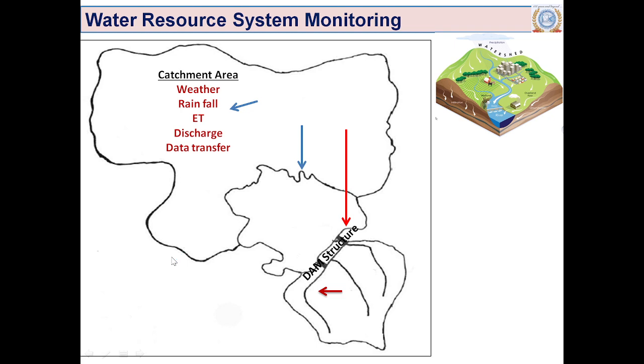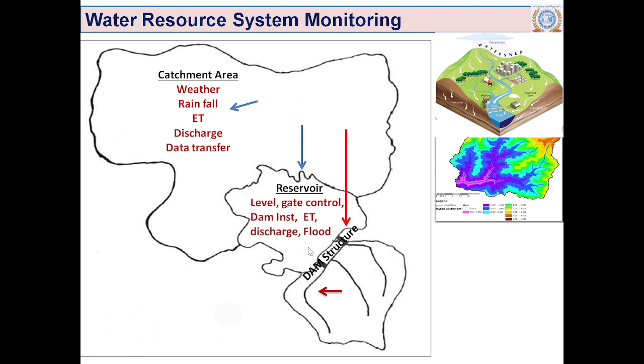Now the second part here is the reservoir, as I said. On the reservoir side, you have level, gate control, and dam structural monitoring, which I call dam instrumentation. Again here evapotranspiration, then the discharge, and then flood modeling and flood mapping related activities. I have shown it here: this is the reservoir area, and this is the catchment area, this particular portion which contributes to the reservoir.